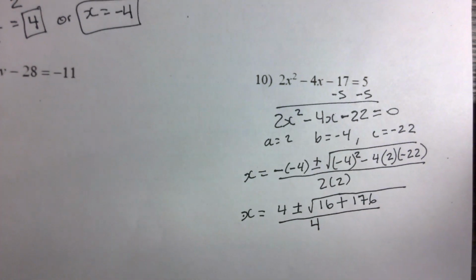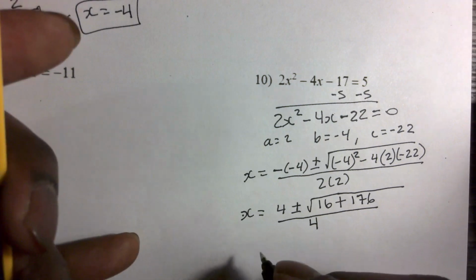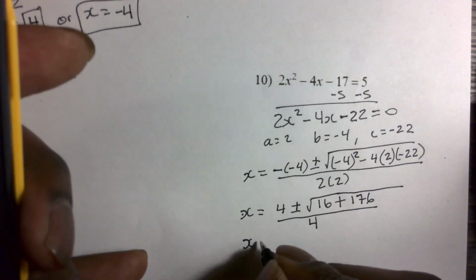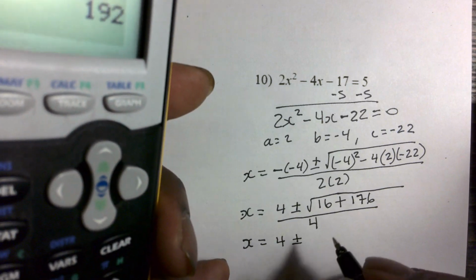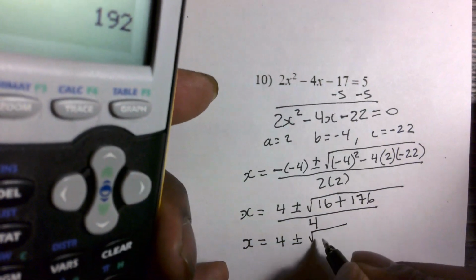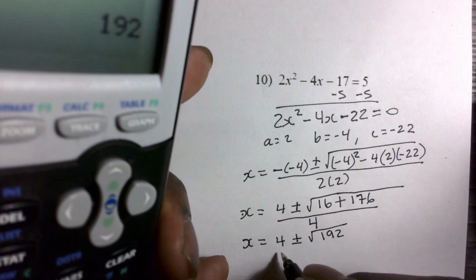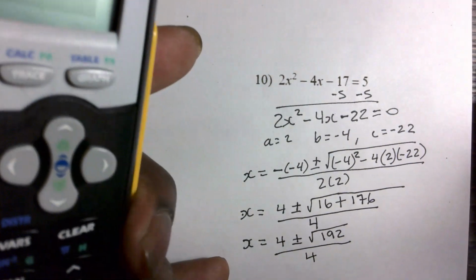So we have 176 plus 16, which is 192. So x equals 4 plus or minus the square root of 192, all over 4.